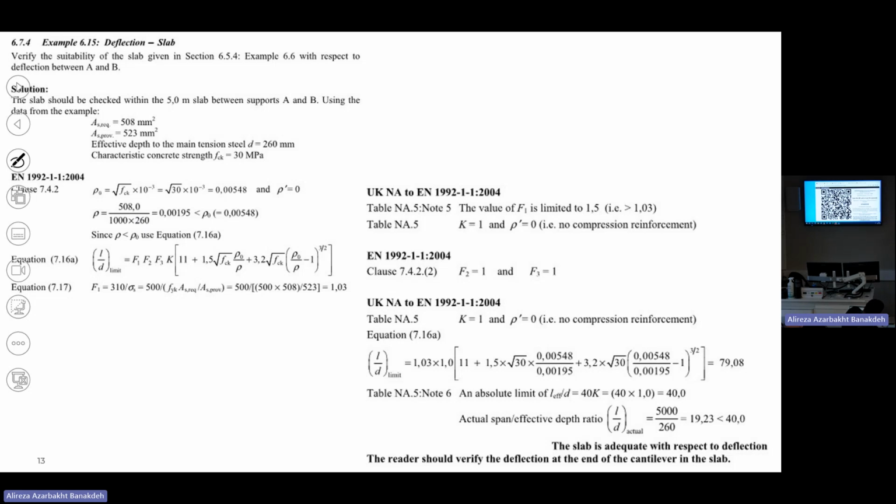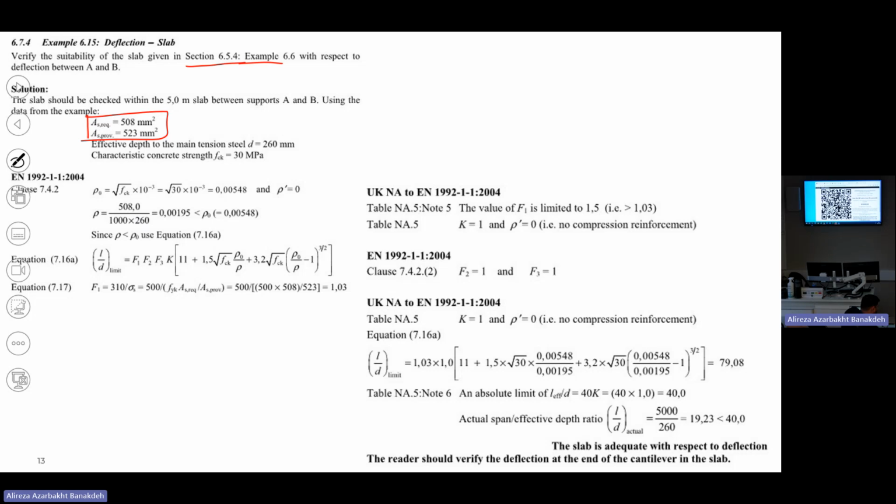In that case, if you go to this example, you will see that there was a design like this. AS required was 508, provided was 523. And it was a slab sitting on two walls, if you remember. It was a slab and it had a continuous cantilever as well.